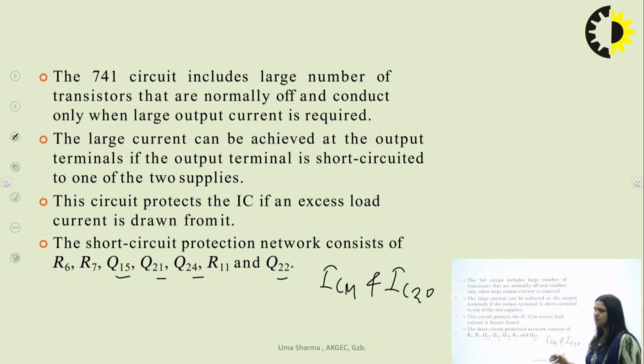This is how we can reduce the excess current which is flowing in IC14 and IC20 in case of short circuiting, and we can avoid the problem of short circuit using this short circuit protection circuit.